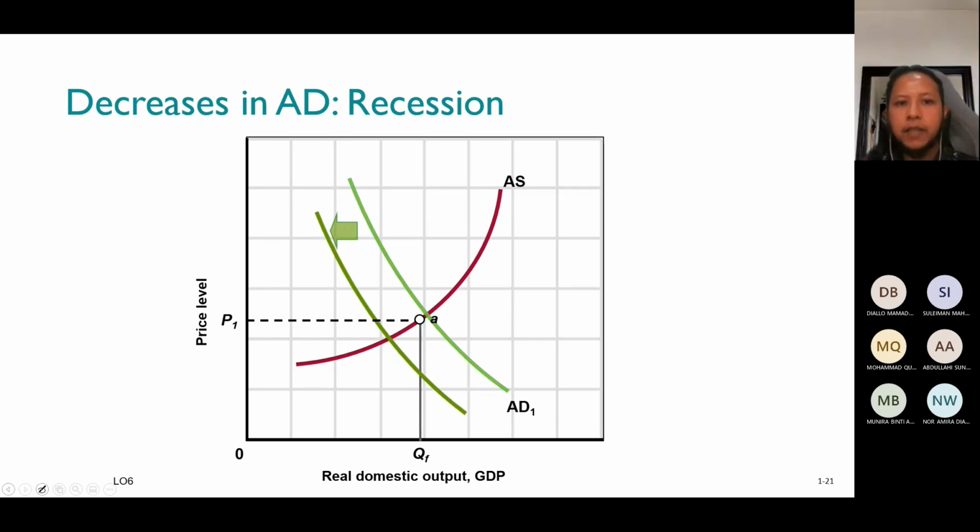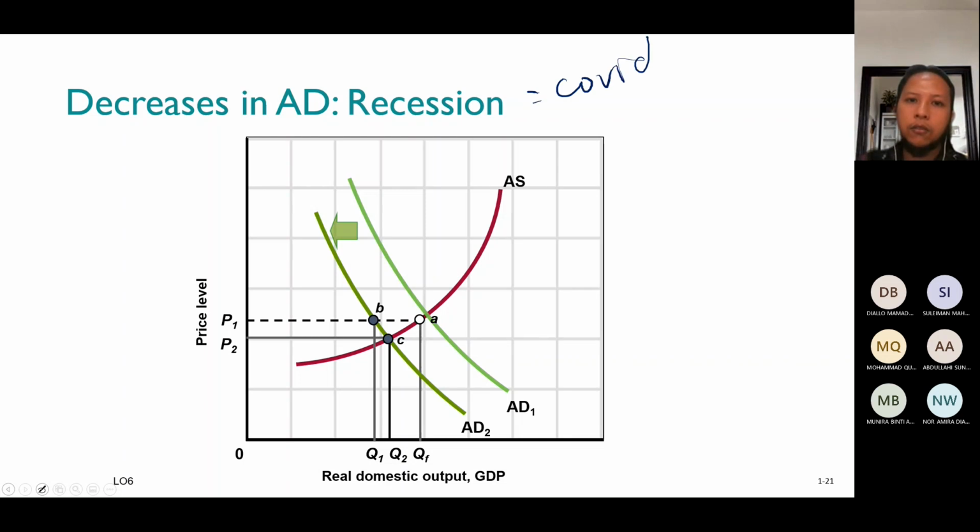And if the aggregate demand shifts to the left, this is usually where a recession will happen, and you can argue this is what happened during the COVID lockdown, because consumption reduced, investment reduced, government spending, we don't know, maybe, but net export also reduced.